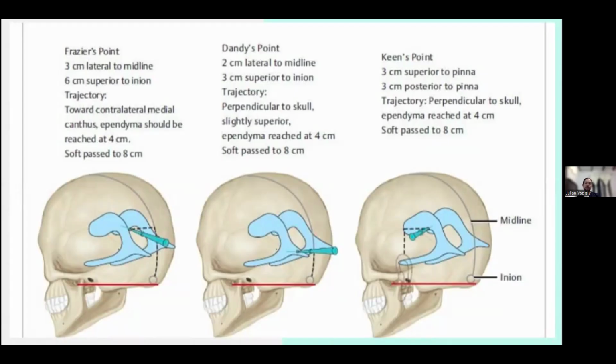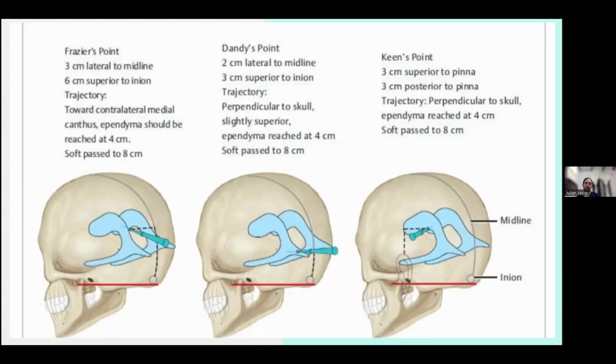Historically, this point was widely used for ventricular puncture and procedures such as pneumoencephalography. However, in modern practice, it's less commonly used, but remains important from an alternative perspective. The principal limitation is the risk of injury to the parietal association cortex, which may result in higher cortical dysfunction.